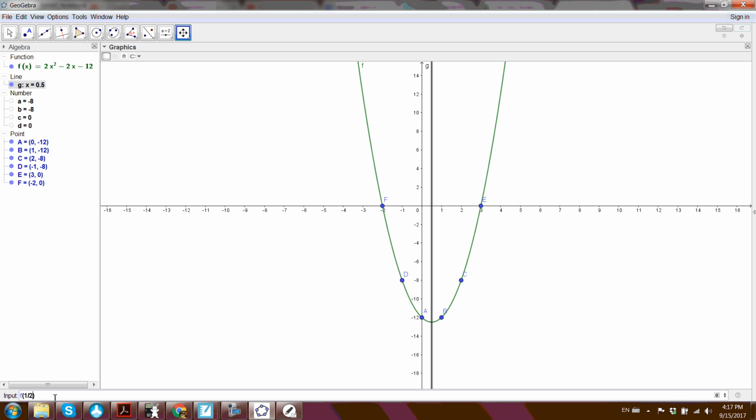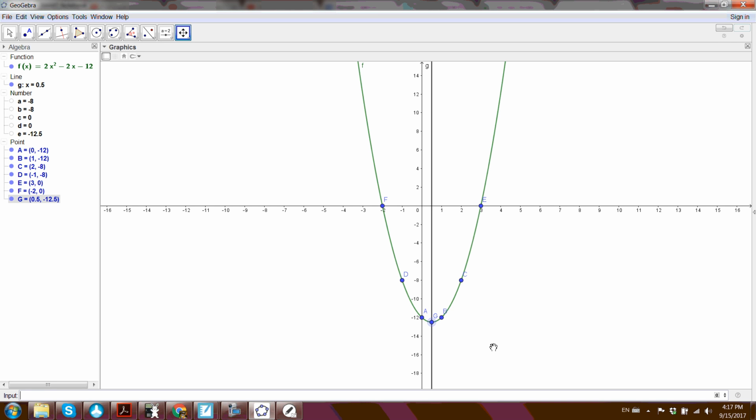F of 1/2 is negative 12.5. So I'm going to plot that point, (1/2, negative 12.5). Boom. So there's another point. This point, as mentioned before, is called the vertex of the parabola.